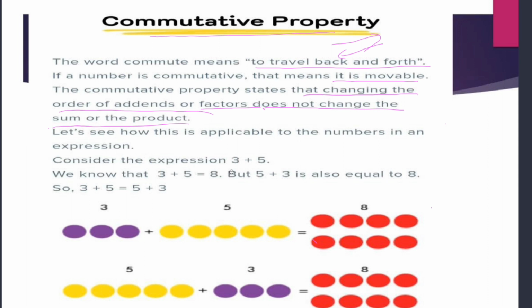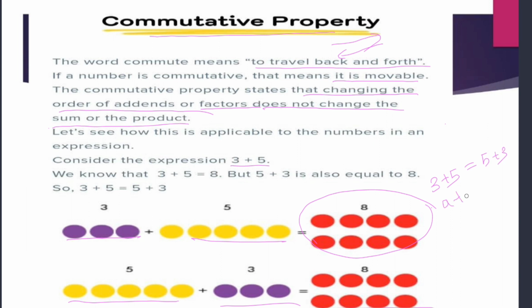Let's see how this is applicable in numbers. Take an example, 3 plus 5. 3 plus 5 is equal to 8. Then we are adding in the reverse order: 5 plus 3 is equal to 8. That means 3 plus 5 is equal to 5 plus 3.